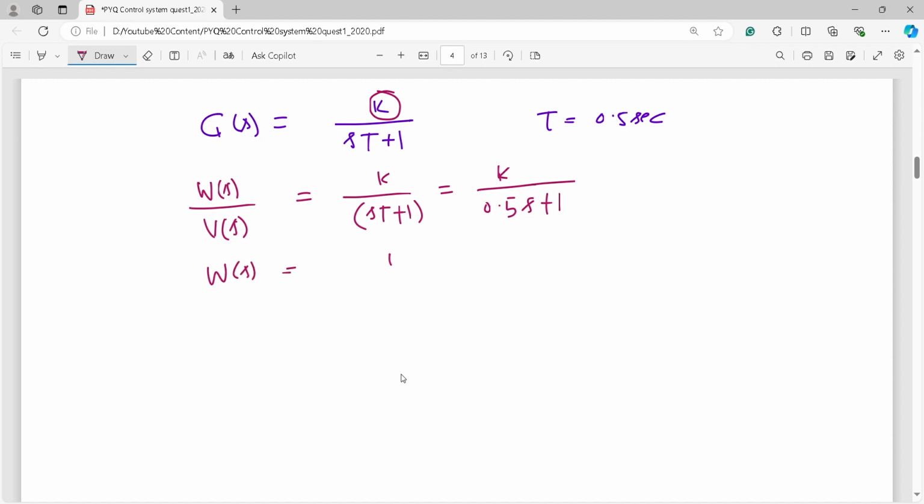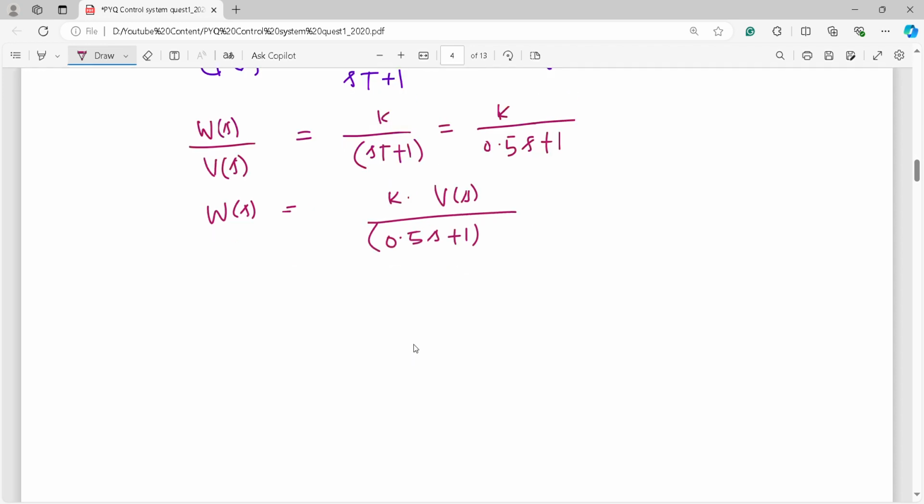We get K into V(s) by 0.5 s plus 1. And then we can also write the input value, so this is 5 by s, because we are feeding a 5 volt step input at t is equal to 0.